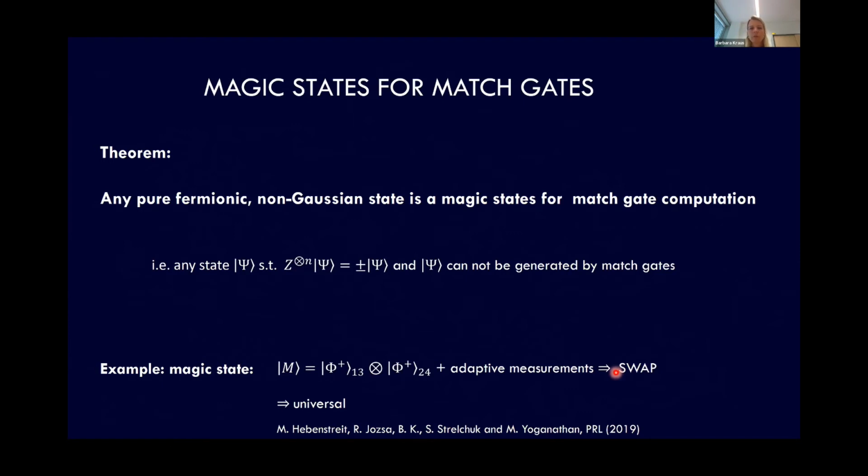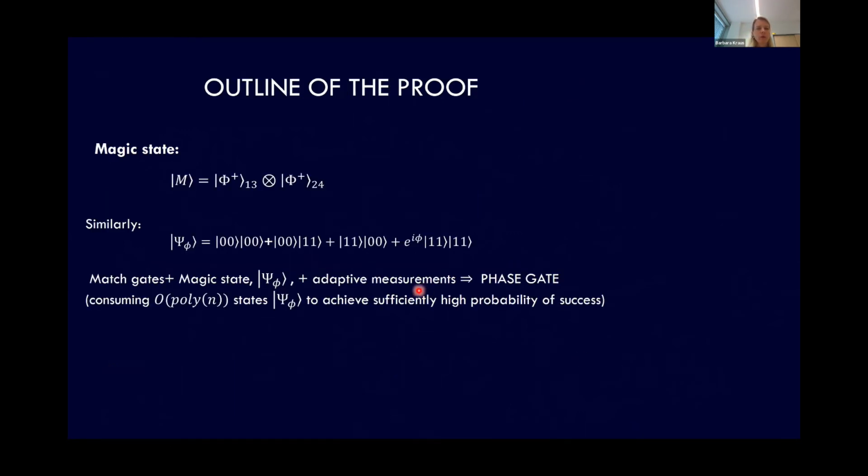Now let me just very briefly explain how you can actually show that any fermionic non-Gaussian state is a resource for match-gate computation. First of all, you notice that this state here, which is also a 4-qubit state, is very similar to this M state, and what you can use this state for is to realize a phase gate. So this would be an entangling gate, which was also a resource, so this would allow you to do universal quantum computation.